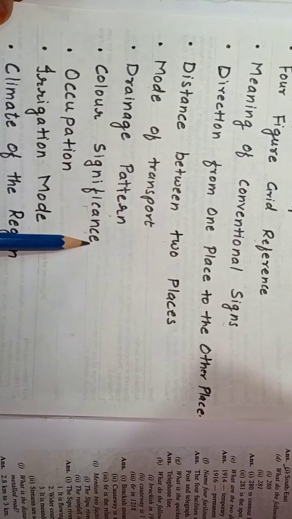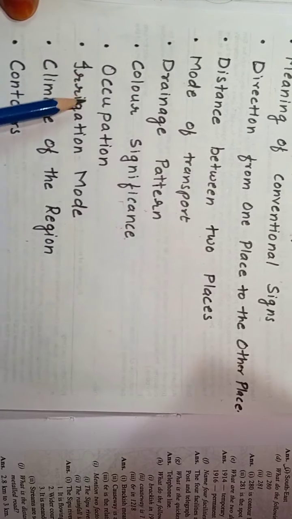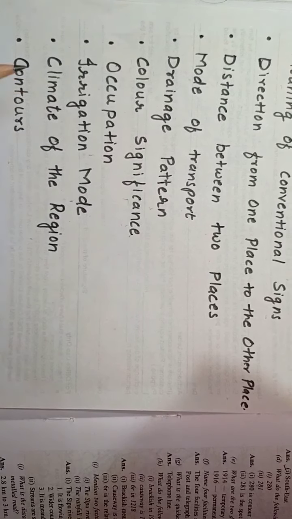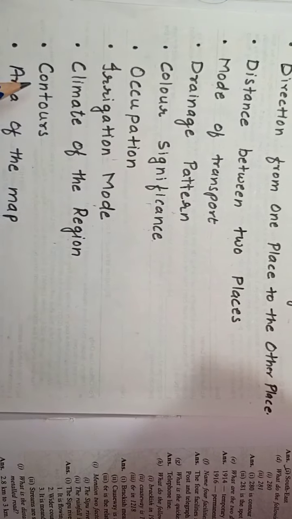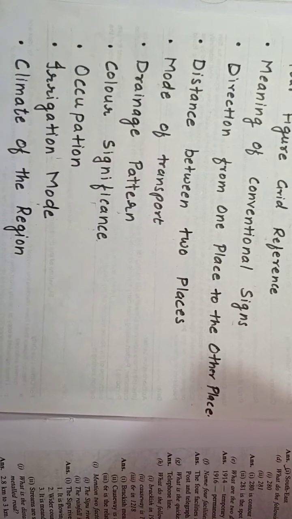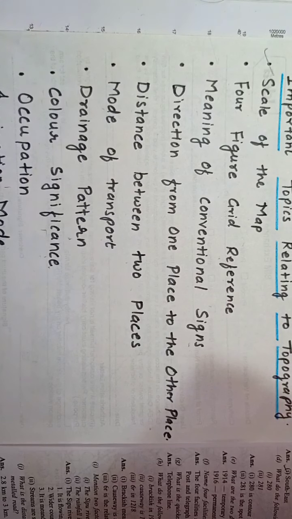Different colors are used on the topographical map, so we will talk about them. Also the occupations people prefer, irrigation mode, climate of the region, contours, and area of the map. These are the important topics we have to discuss. One by one we will talk about these important topics.